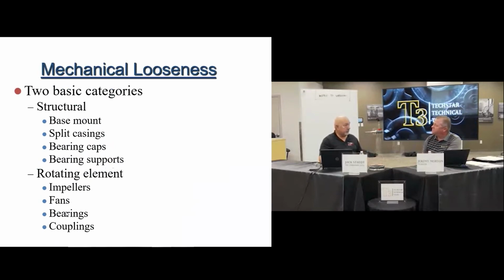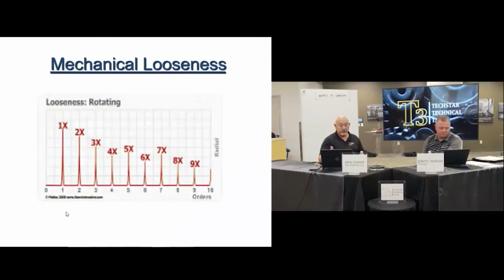Couplings, shim packs coming apart, showing some type of mechanical looseness. Mechanical looseness is going to show up at multiples of turning speed, so they're all going to be synchronous peaks and harmonics. That's how we can identify it, especially if you see something like this illustration here in the axial on, let's say, a motor pump. If you see them in the axial, more than likely you may have some looseness coming from your coupling. Interesting.